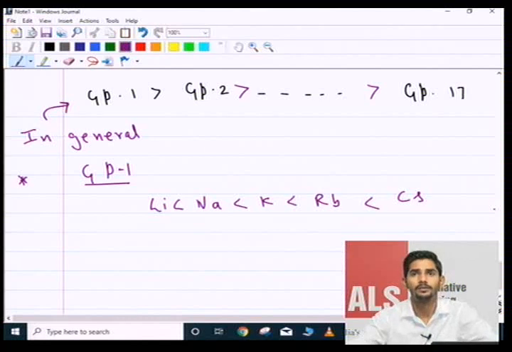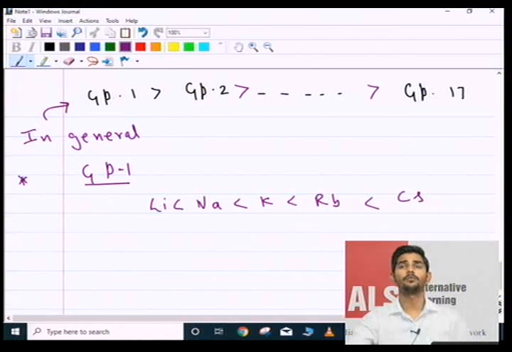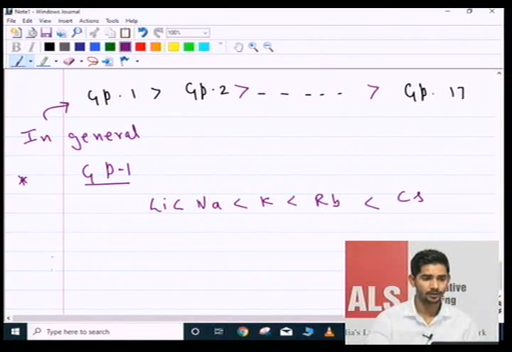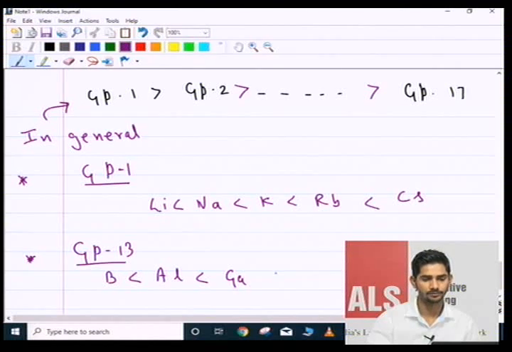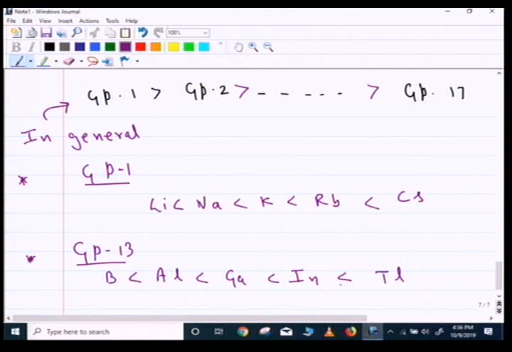Francium is a radioactive element, that's why we won't consider that element here. This is the order for group 1. Similarly, you can write it for group 2 as well. Now I am discussing group 13 elements, which are boron, aluminium, gallium, indium, and then thallium. The last one again is a radioactive element, that's why we won't consider that.